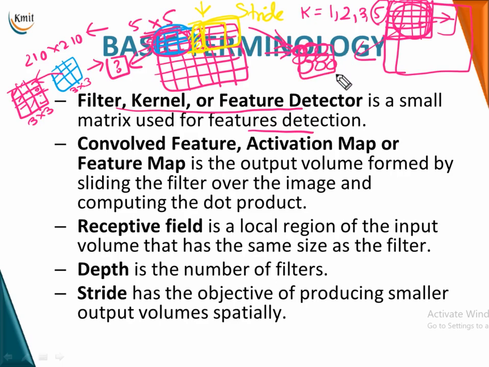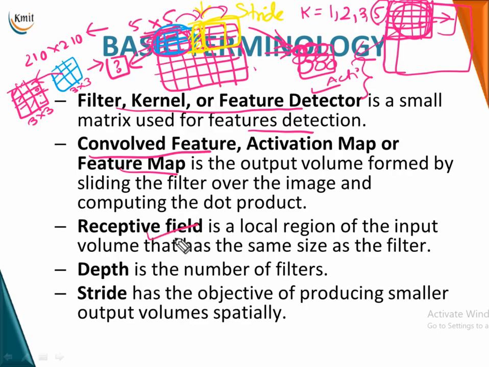That is your activation map, or convolved feature. The other name is feature map. It is the output volume formed by sliding the filter over the entire image and computing the dot products and cumulative sums. So activation map, feature map, and convolution map all mean the same, right?